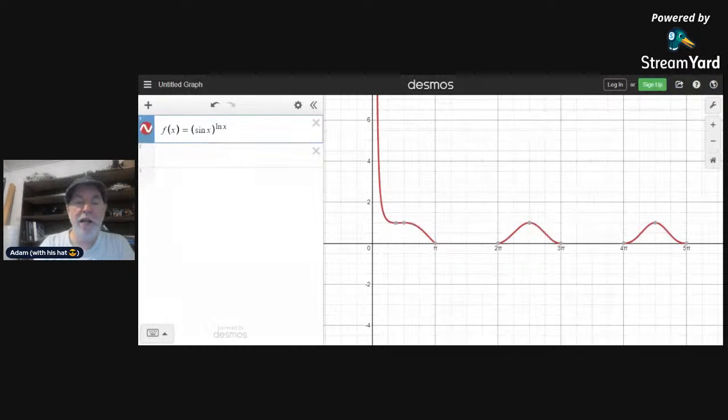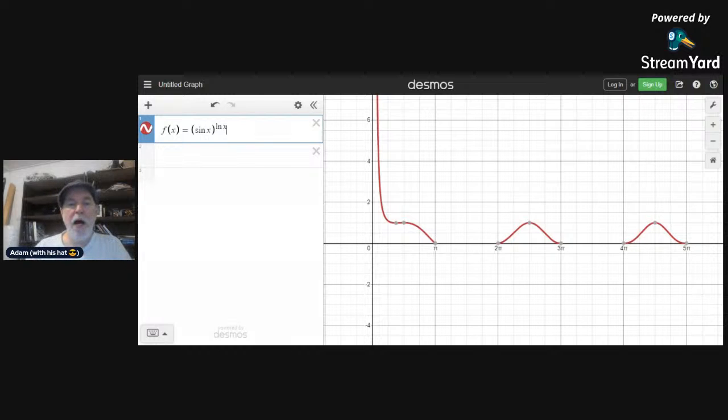Well, it's at pi and 2 pi and 3 pi, all the places where the sine of x is 0, and we've got this all to the power of the log of x, and so that limits what can happen over here, because the log of 0 is not defined. Well, it approaches infinity.